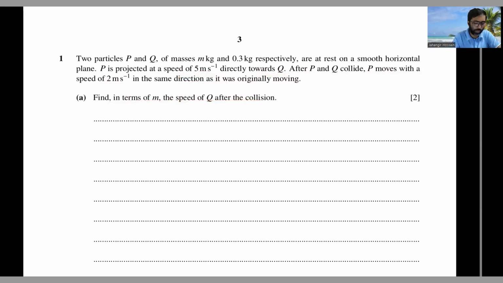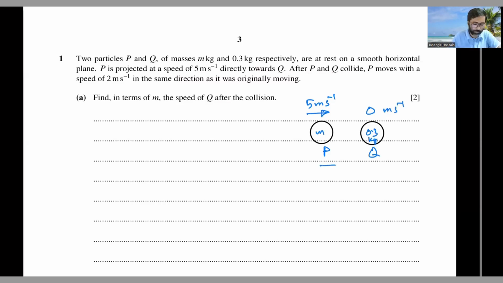Okay, let's see what is happening here. Particle Q is at rest initially. P is projected towards Q with a speed of 5 meters per second. P has a mass of m kg and Q has a mass of 0.3 kg.